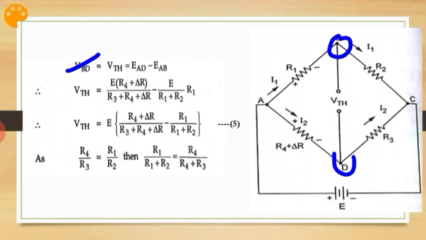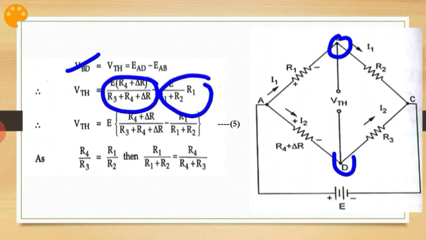That voltage is EAD minus EAB. From the previous equations, we got EAB in equation 1 and EAD in equation 3. So these are substituted here, this is EAD and this is EAB, and the currents I1 and I2 are also substituted.